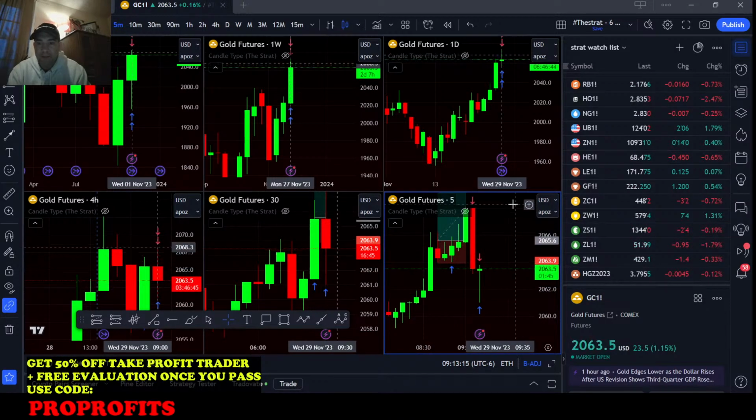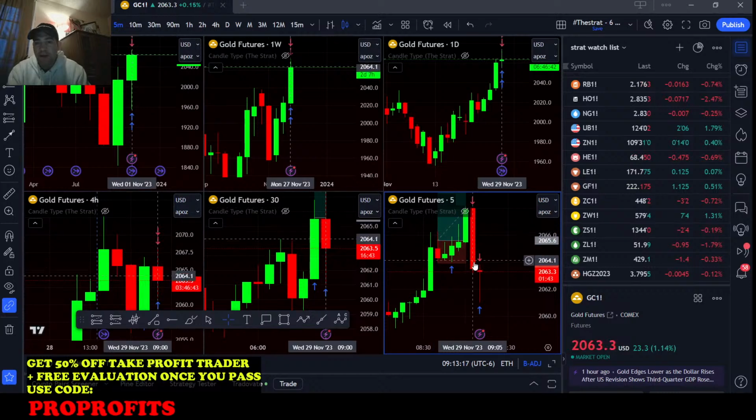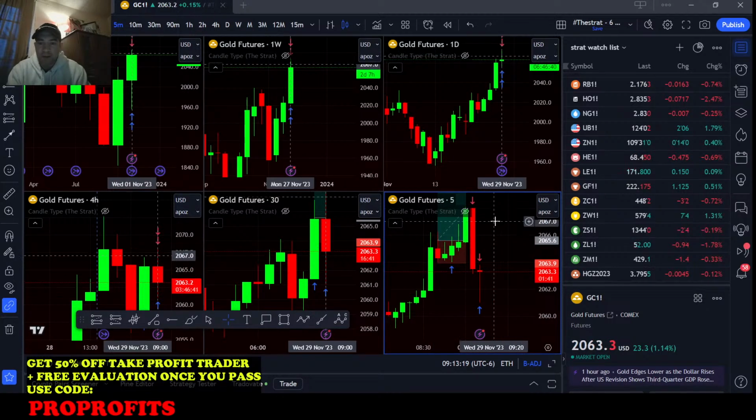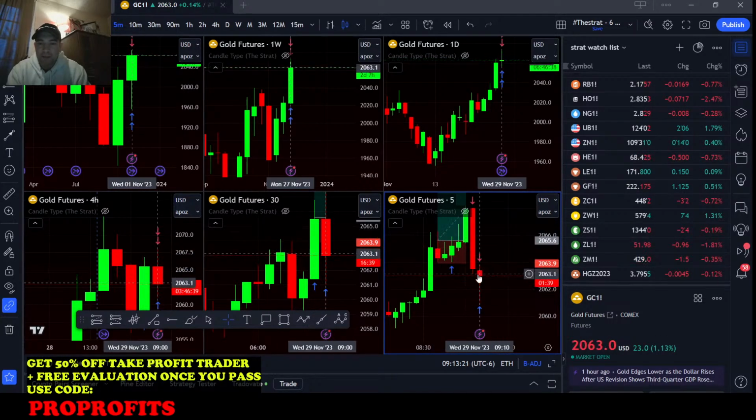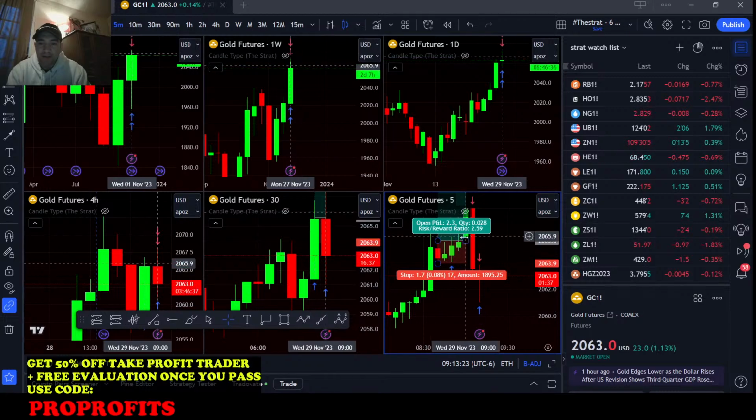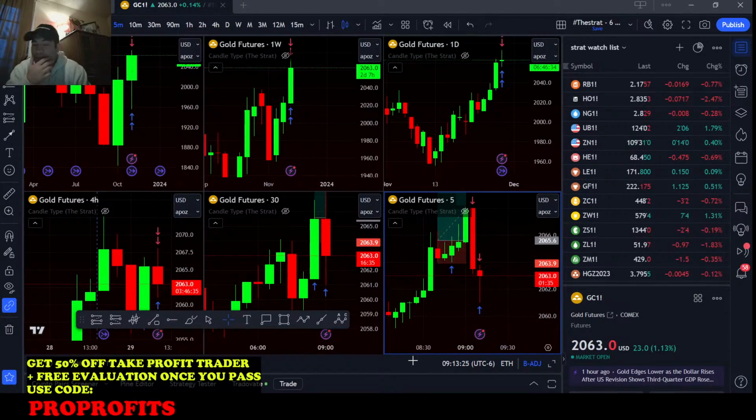Now it looks like it wants to do it again. Everybody who got short right here gets stopped out trying to go short. So take out, screw both sides over, man. Wow. We'll see if that happens.